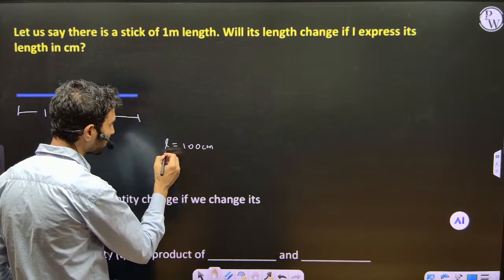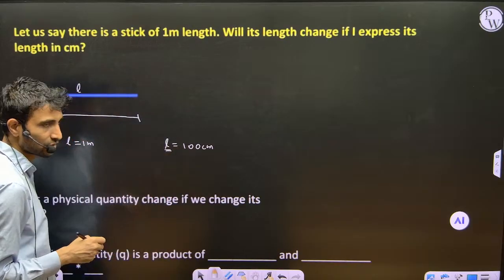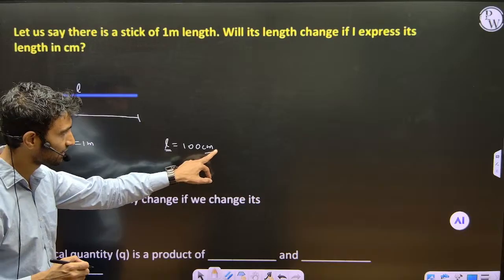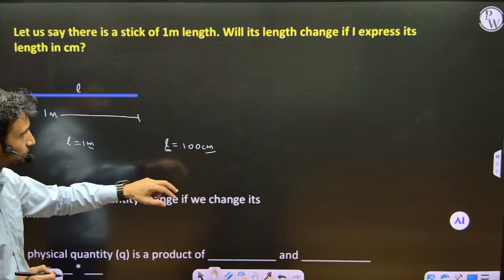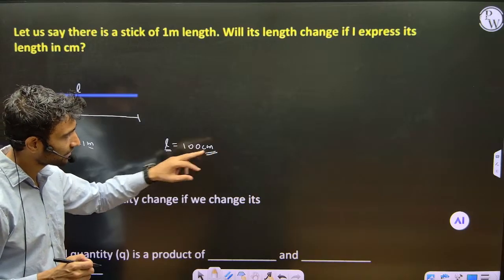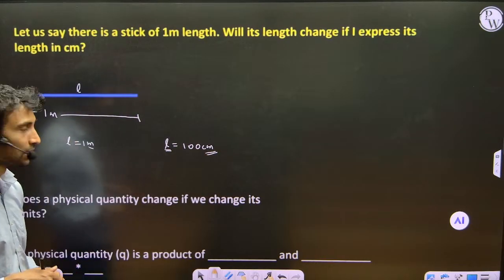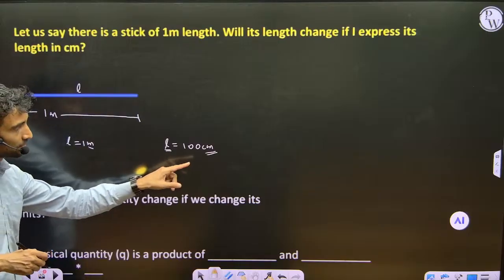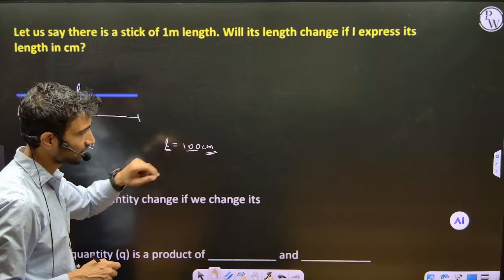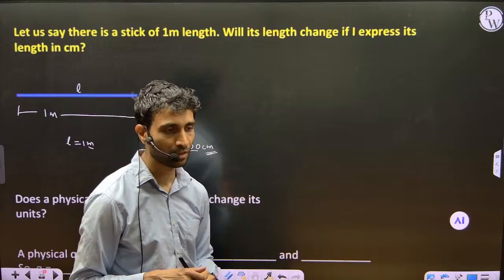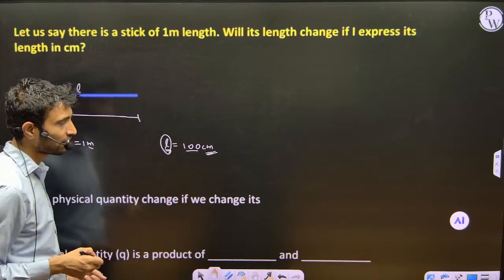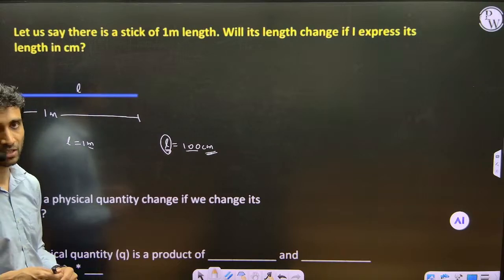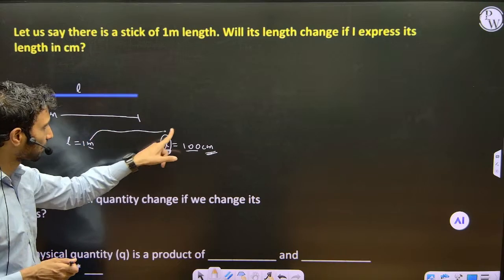My question is, will the value of L change if I change the units? Right now I have written in meters. Now I am writing in centimeter. In meter it is 1 meter, but in centimeter it is 100 centimeter. Will the value of L change if I go from meter to centimeter?